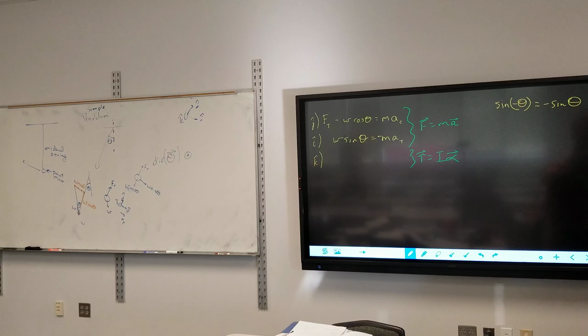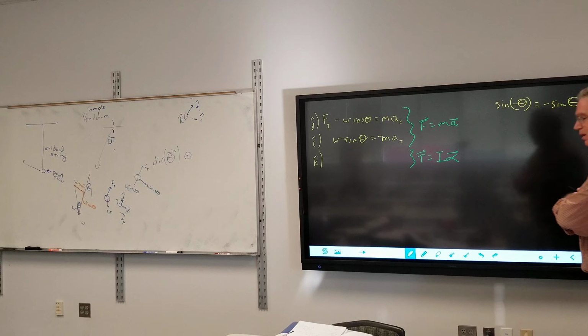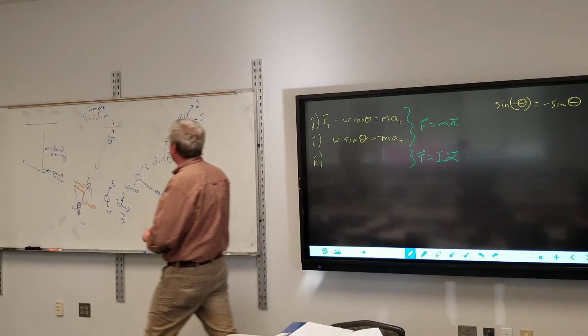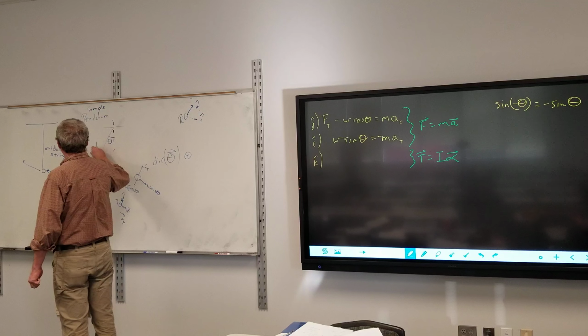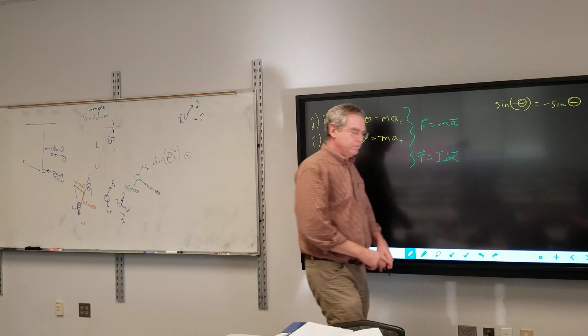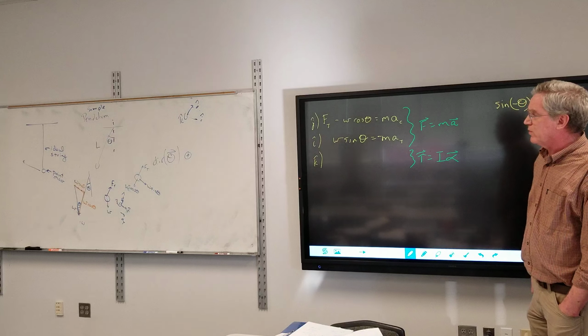Do we know what the length of the string is? Let's give it some clever label. How about L? From the pivot point to the center of the point mass.